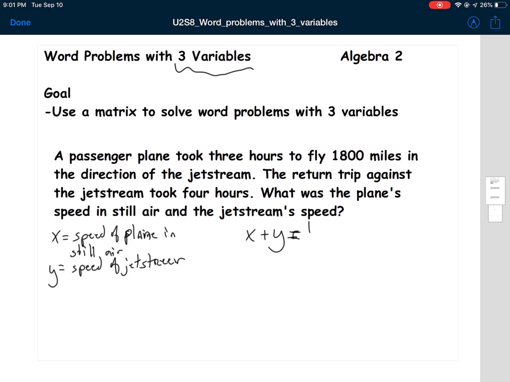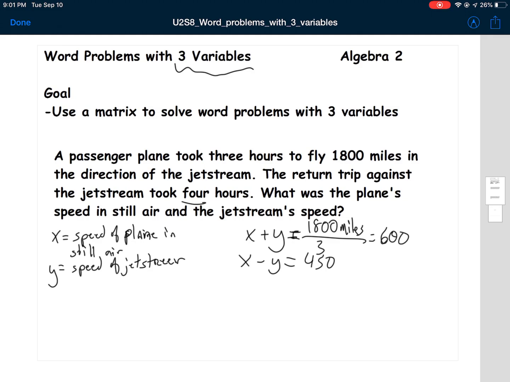So it's going to be a speed though, so we're going to have to take the distance, the 1,800 miles, and divide that by my faster speed of 3. So that's going to work out to be 600. Okay, and I've got x minus y is equal to 450. I got that by taking 1,800 and dividing that by 4.